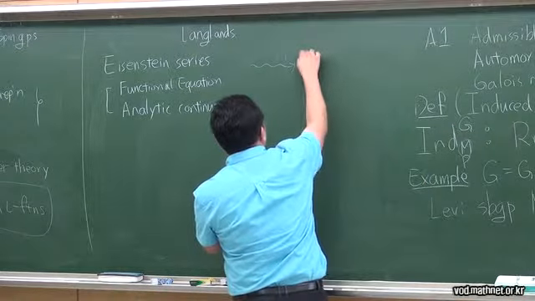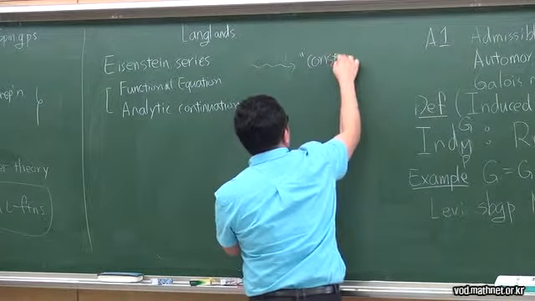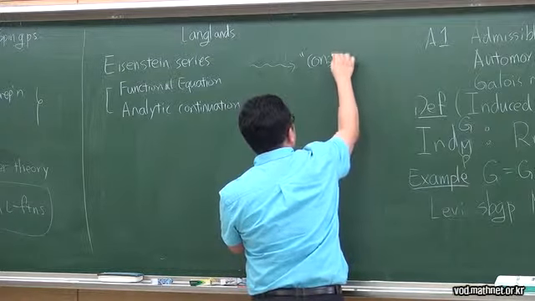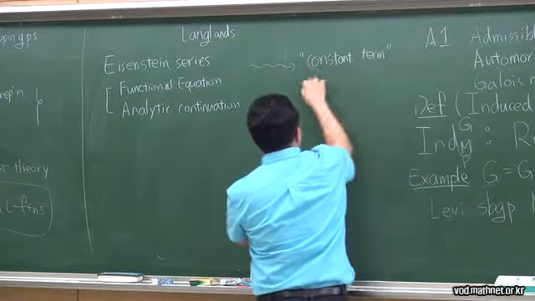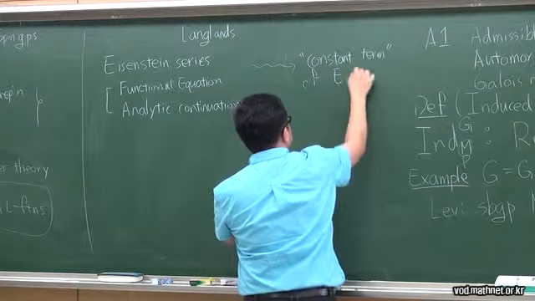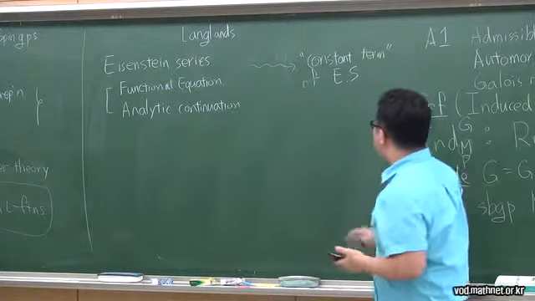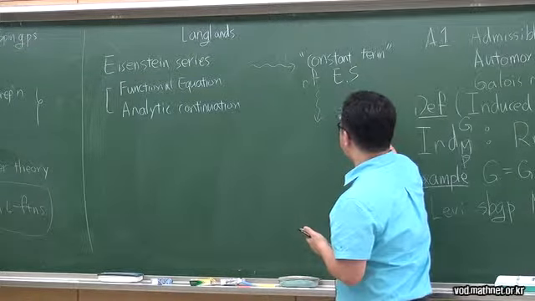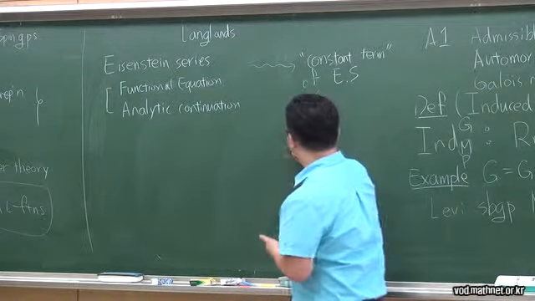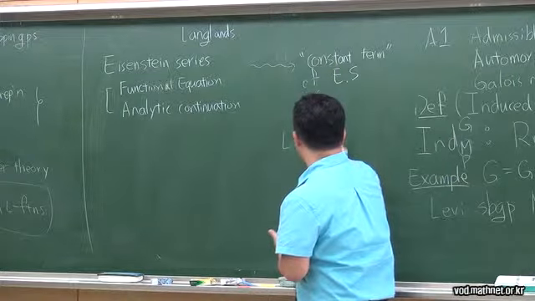And Langlands studied the constant term of the Eisenstein series. And also, if it is available, then he used the so-called theory of intertwining operators. He defined new L functions here.